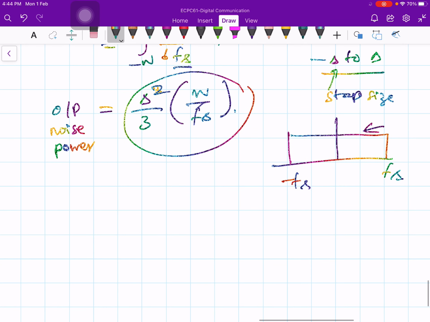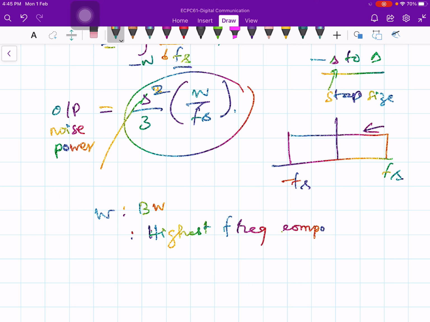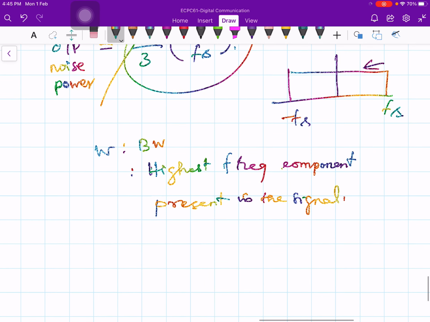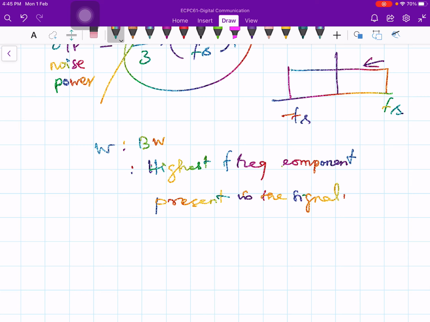What is delta here? Delta is the step size of the delta modulator. And what is W? W is the bandwidth of the signal, the highest frequency component present in the signal, which is being delta modulated.